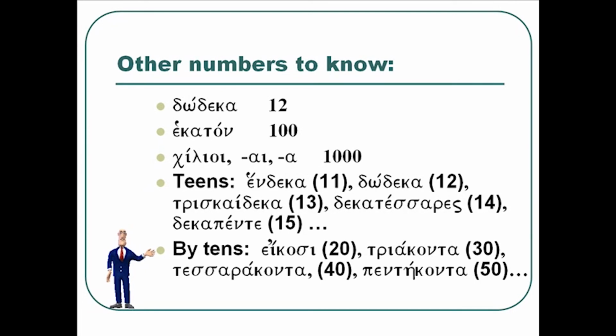And then pentekonta is 50, 5 from the penta, and then the konta. So that's basically how we put the other numbers together. These aren't going to be all that frequent, but you just need to be aware of how to count to 10, 12, 100, 1,000, how the teens are constructed, and how you count by tens a little bit.